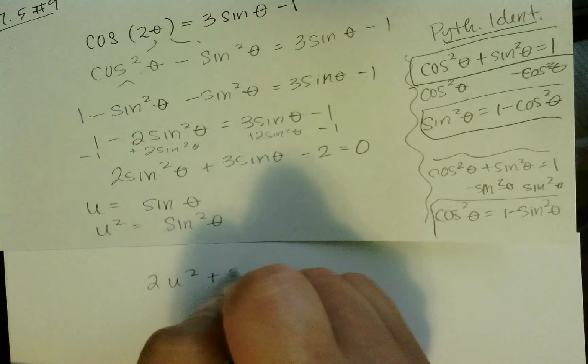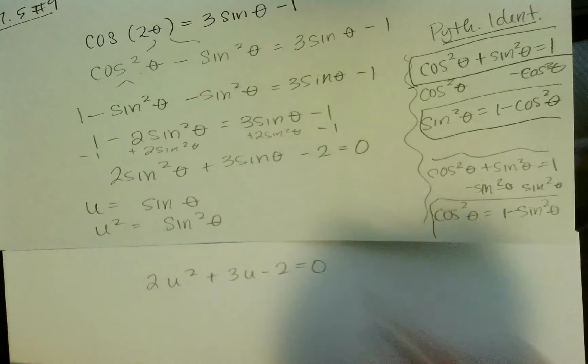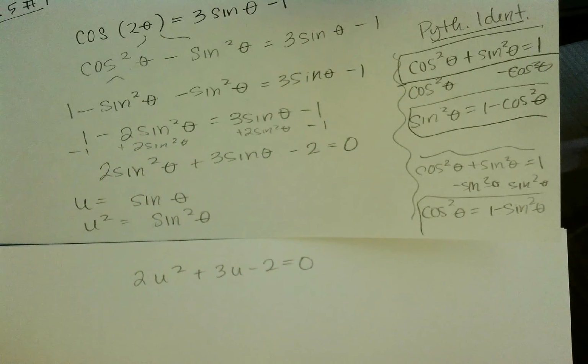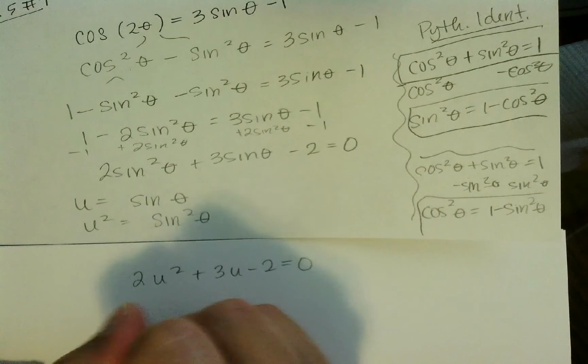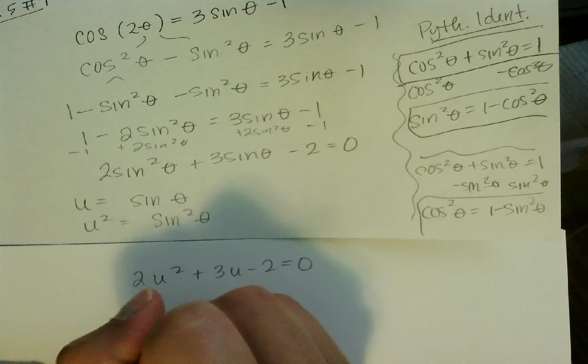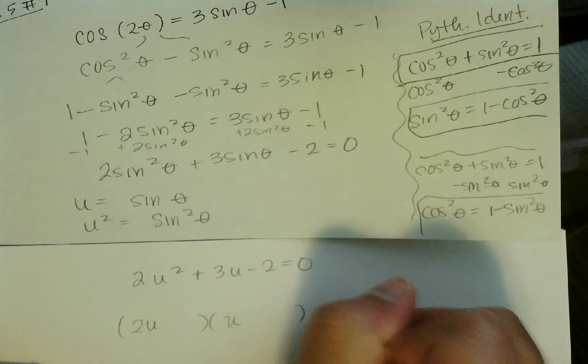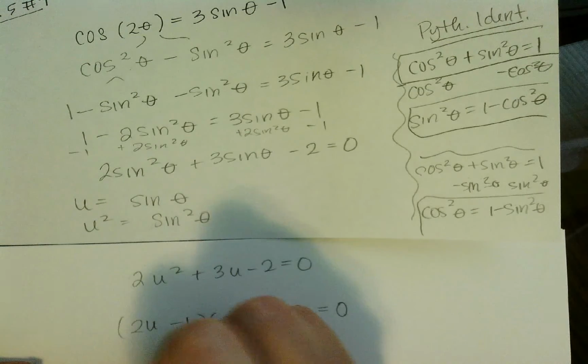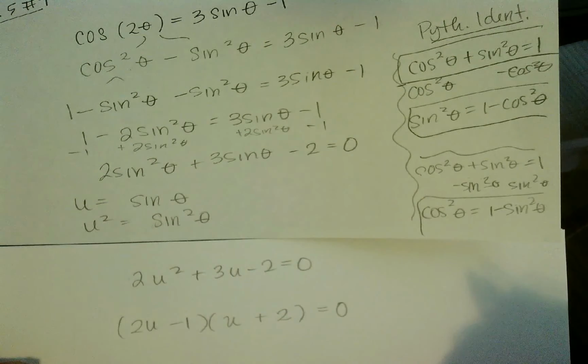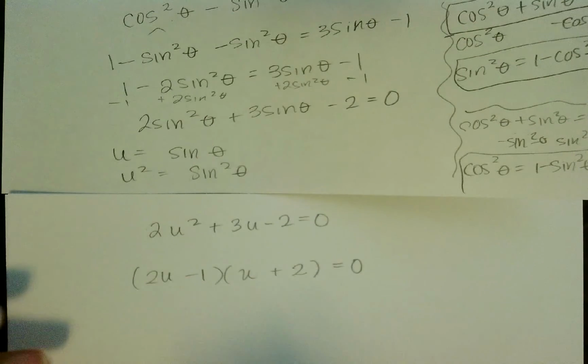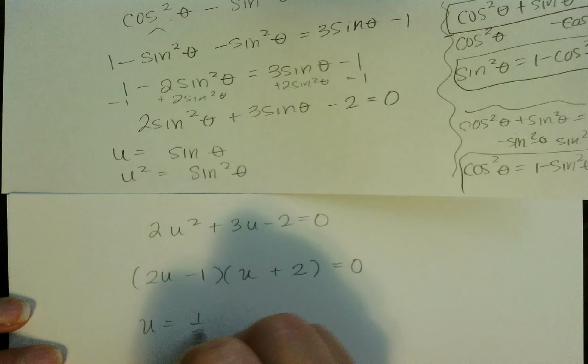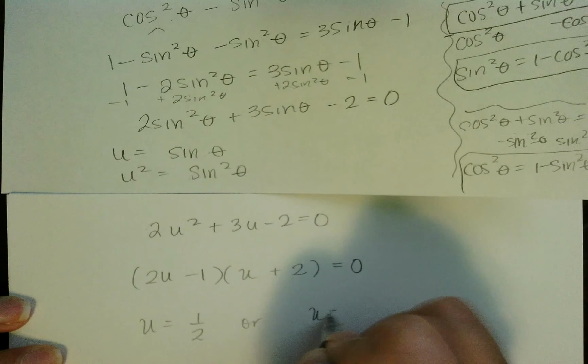2u squared plus 3u minus 2 equals 0. And this is everybody's favorite factoring with a coefficient in front. Yes, nice job. Yep, it works. So now you get u equals 1/2 or u equals -2.